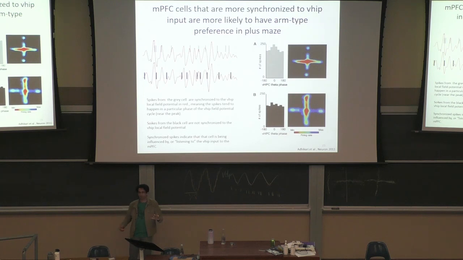To control for that, we did some manipulation. Let's say this is the plus maze, and the top arms were the open arms, like this. Let's say one cell was active here in this open space.